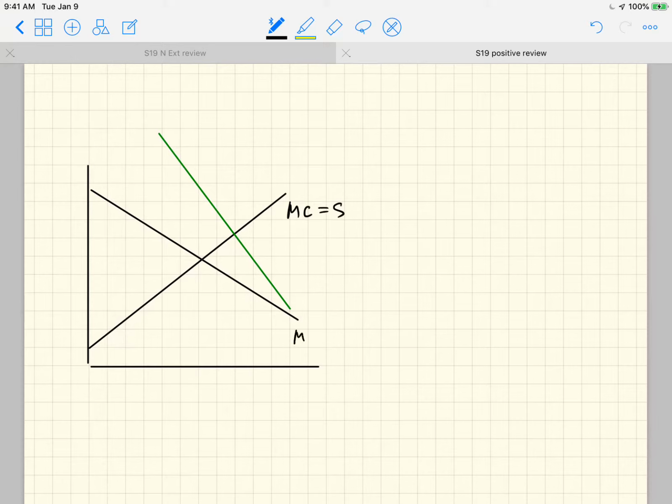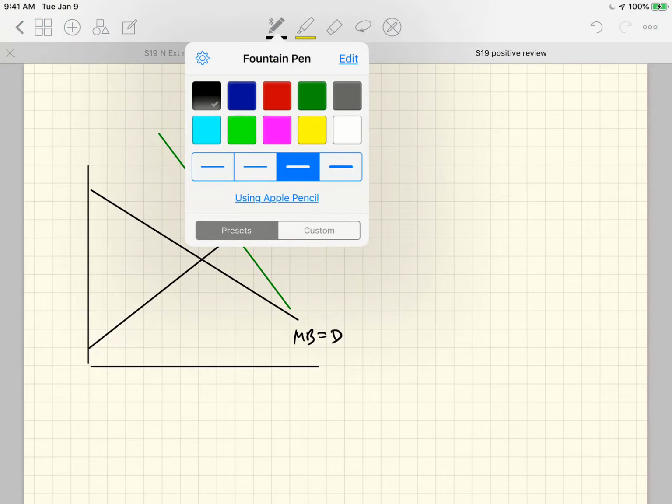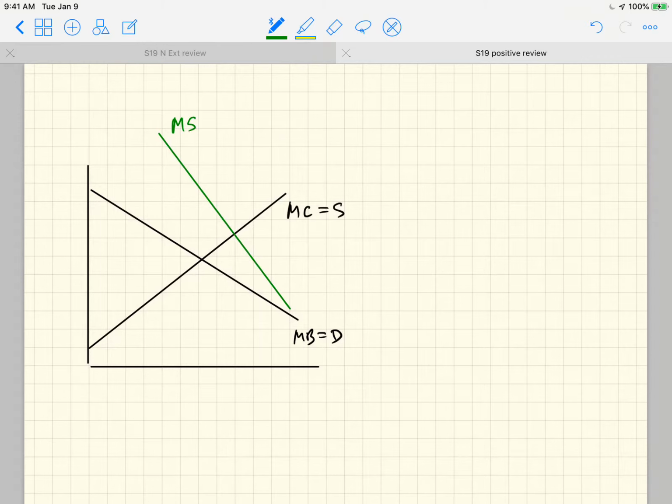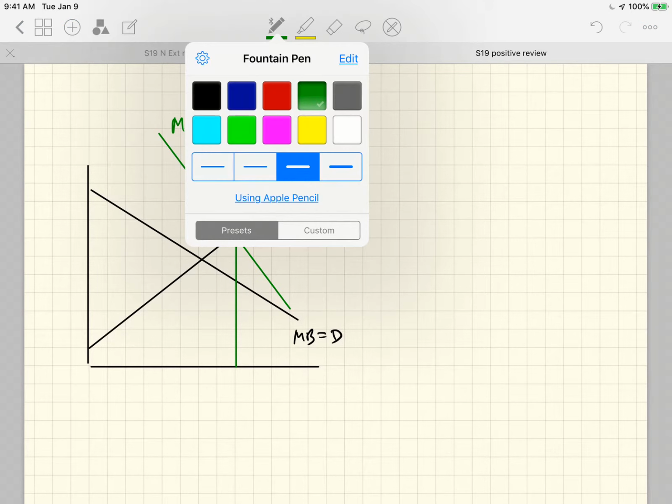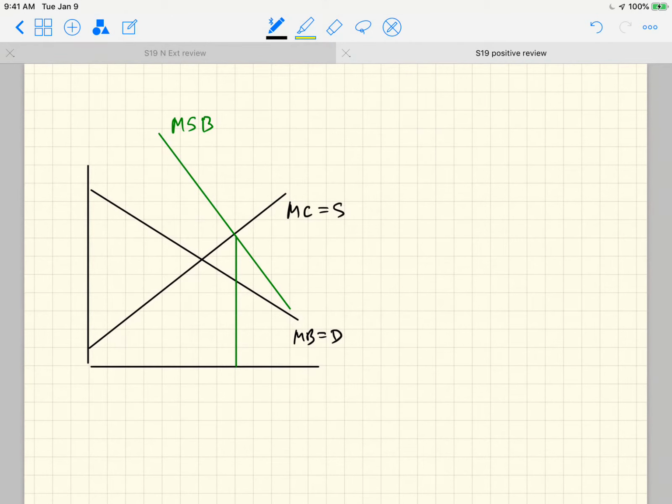This is marginal benefit, which is demand, and this is marginal social benefit. So markets, well, that's the point of allocative efficiency, and market wants to be at the point where supply meets demand. So this is why the point of market equilibrium is not the same as the point of allocative efficiency.